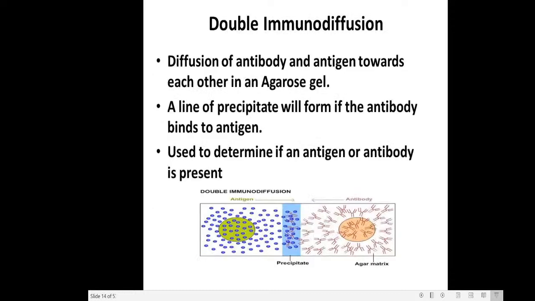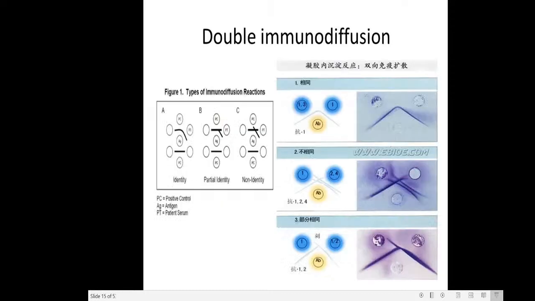In the double diffusion, you diffuse the antibody and antigen towards each other. Here is the antigen, here is the antibody, and both make a precipitation in the center part. The line of precipitate forms where the antibody binds the antigen. Here you can see the antigens are bound to the antibody. So this precipitation shows the presence of the antibody.